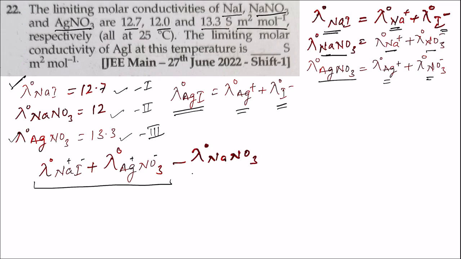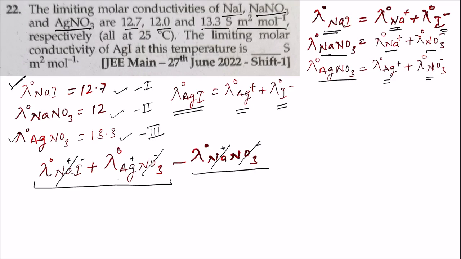For that, subtract the limiting molar conductivity of sodium nitrate, which is the sum of the limiting molar conductivities of sodium and nitrate ions. So on subtracting the limiting molar conductivity of sodium nitrate from the sum of limiting molar conductivity of sodium iodide and silver nitrate, the limiting molar conductivities of sodium ions will get cancelled and nitrate ion will get cancelled, and what will be left?